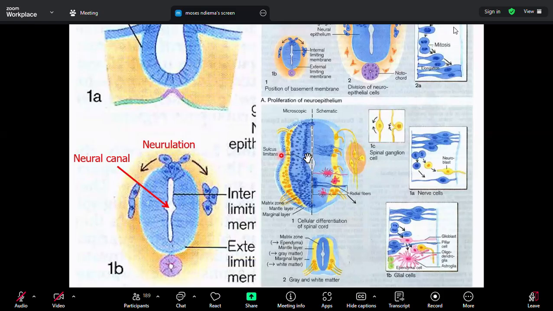So as they multiply, they undergo what you call critical mitosis. In the critical mitosis, the more differentiated cells remain at the center, but their processes still extend to the outside.